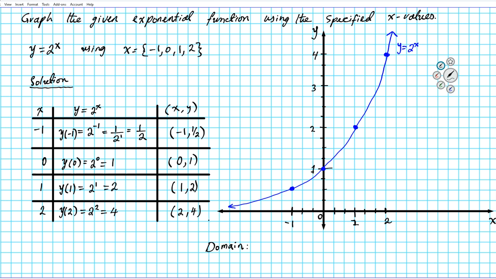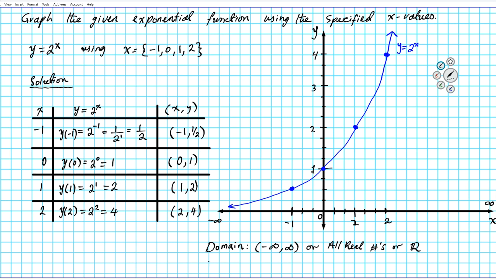It goes to the left forever, so that's -infinity. To the right forever to infinity. So our domain is going to be -infinity to infinity, or you can write it as all real numbers, or just use the notation big R like that.